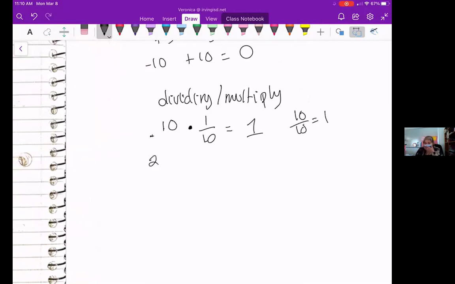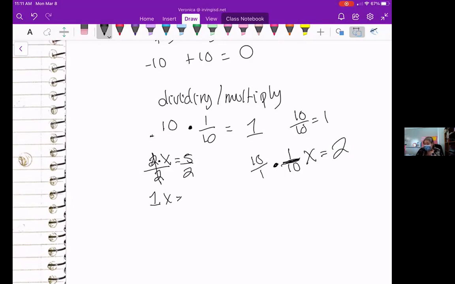So if you have 2x equals 5, because you're multiplying, the inverse is you divide by 2, and that gives you 1x and then whatever. Or if you have 1 over 10x equals, I don't know, 2, because you're dividing, the inverse is you multiply by the reciprocal, which is 10.